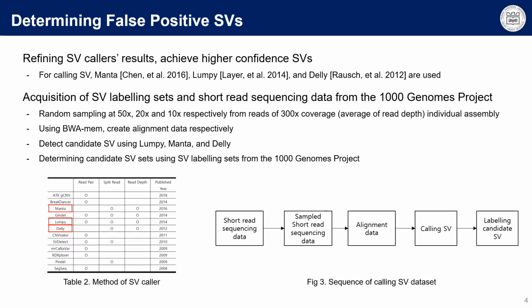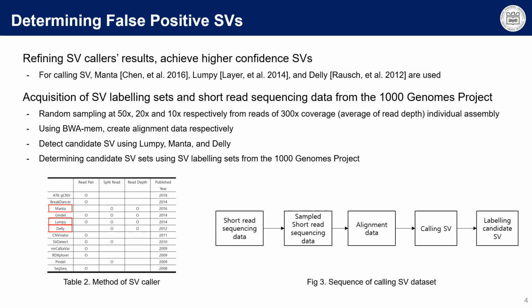So we first determine the false positive structural variations. I used Manta, Delly, and Gridss, which are generally used when calling structural variations, and acquired the gold standard dataset integrated by the 1000 Genomes Project.